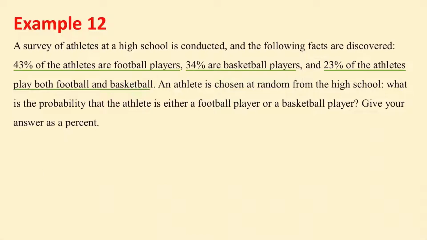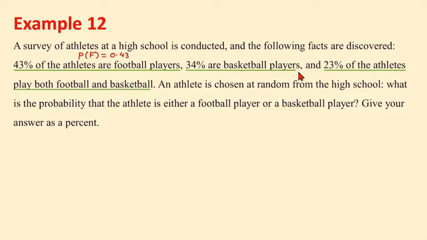Okay, so we have a couple of pieces of information given here. The first one is 43% of the athletes are football players. So we can say the probability that an athlete is a football player is 0.43. Similarly, 34% of the athletes are basketball players.